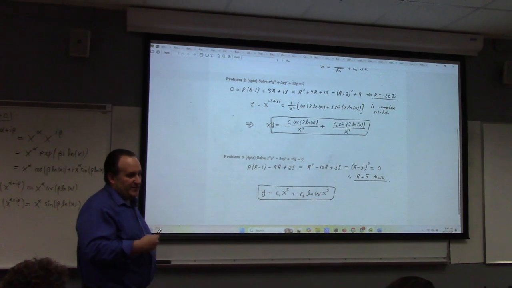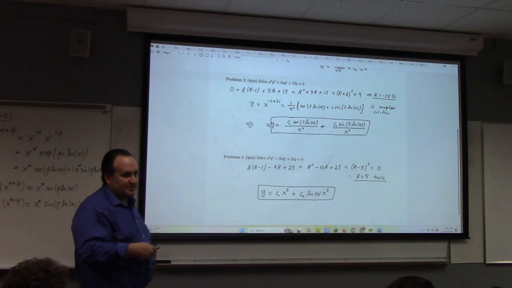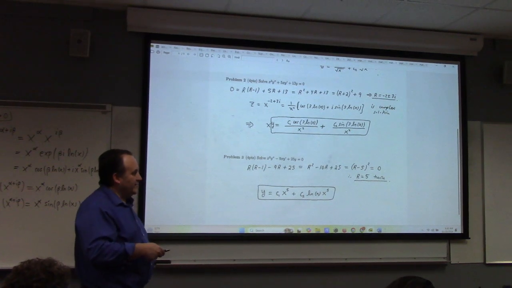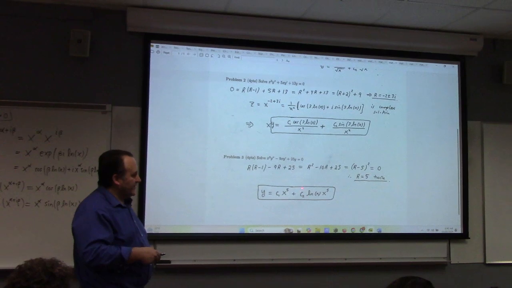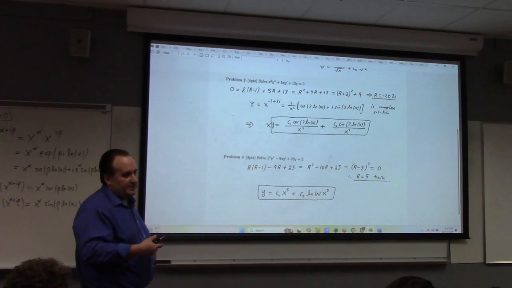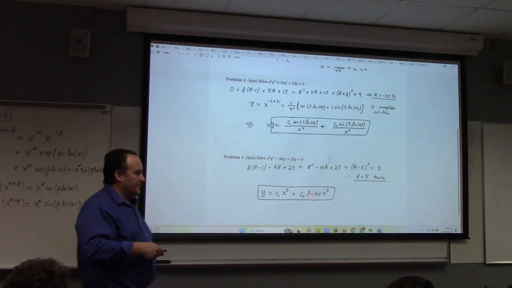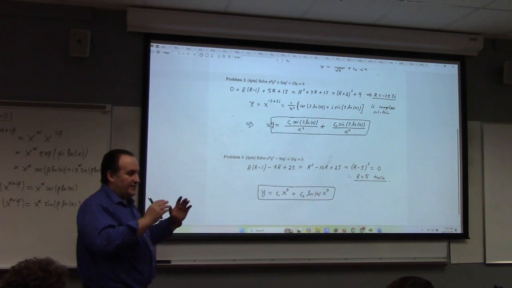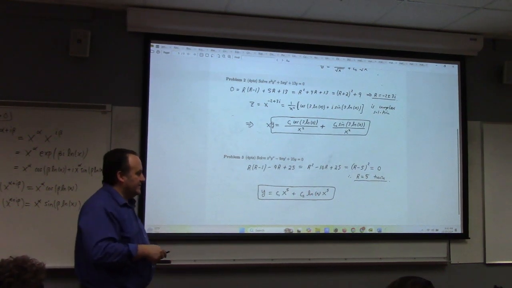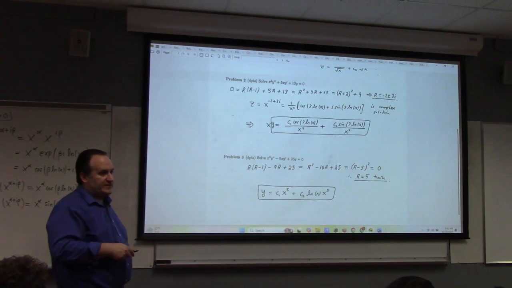Like if we had lambda equals 5 twice, we do e to the 5x, and then x times e to the 5x. For some reason, in the Cauchy-Euler problem, we end up multiplying by the natural log of x. If we had a three-peated root, like r equal to 5 three times, you'd end up doing natural log of x quantity squared times x to the power 5. That would be your next solution.